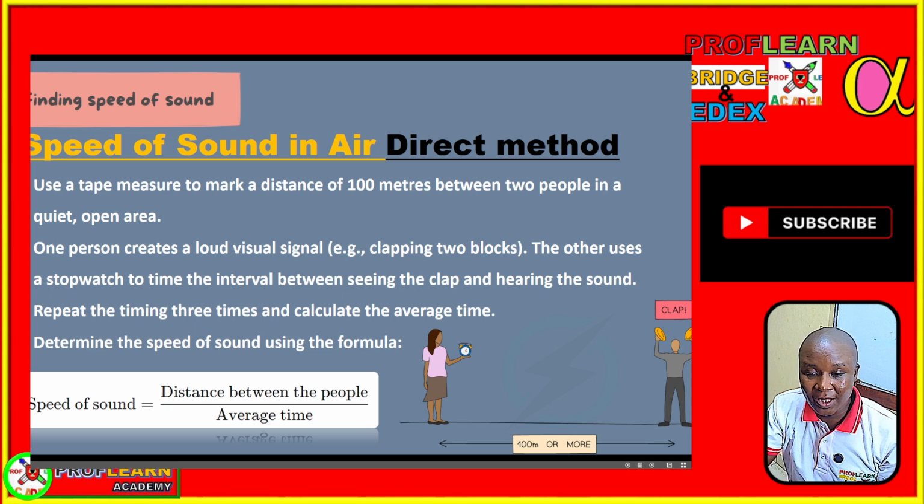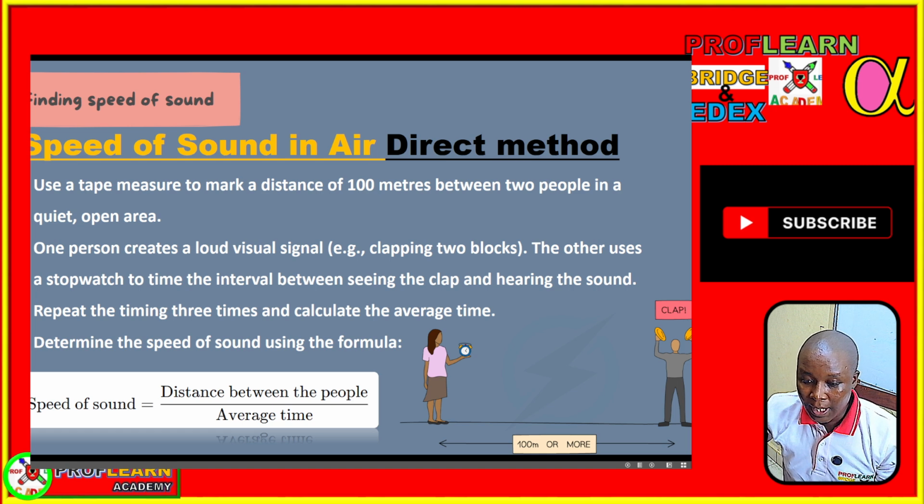This can be repeated around 3 times so that they can find the average time, and then to find the speed, use the formula distance, in this case 100, over the average time taken to hear the sound. So anytime you are asked to describe an experiment on how to determine the speed of sound, you are going to illustrate exactly what I have outlined here.